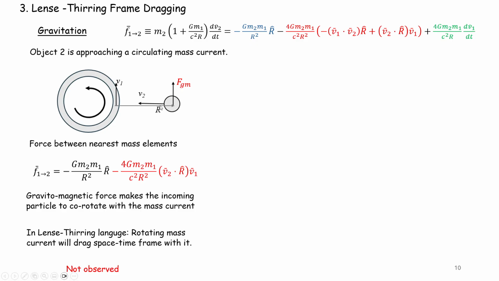And that's not what we are interested in here. Not in this case for frame dragging, because this is a gravito-magnetic effect. So look at this red one here. V1 and V2 are perpendicular, so this term here vanishes. So we then get this formula here.